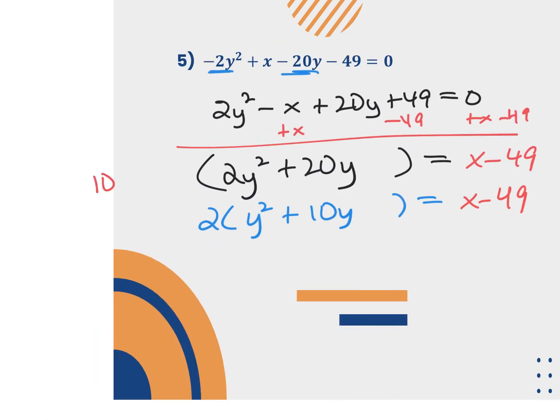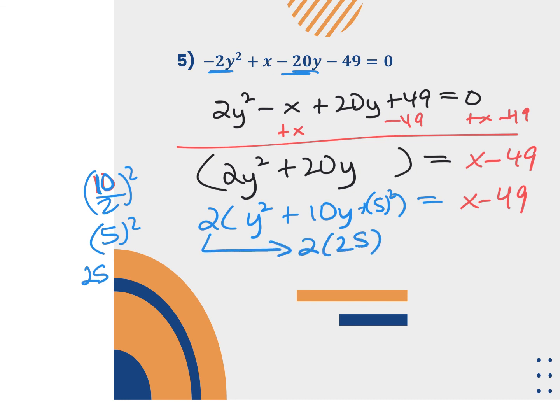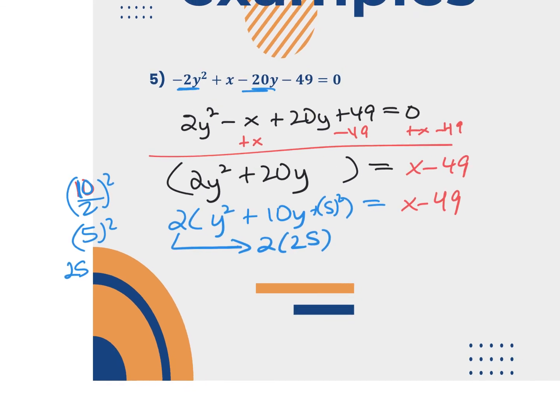So 10 divided by 2 is 5. 5 squared, 25. So in here I'm going to put plus 5 squared. But for the other side, remember you take the 2 you factored out, multiply it by the 5 squared, which was 25. And what I'm adding to the other side is 50.